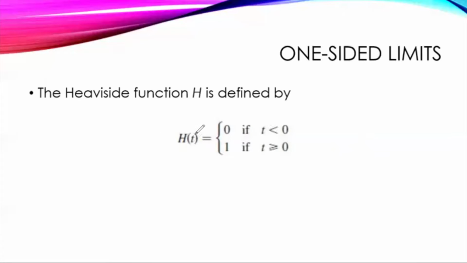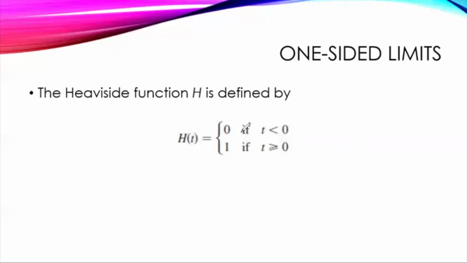For example, in this case, we are given the Heaviside function h of t, a function of t. There are two values of h: 0 if t is less than 0, which means the value of h is 0 if t is less than 0.